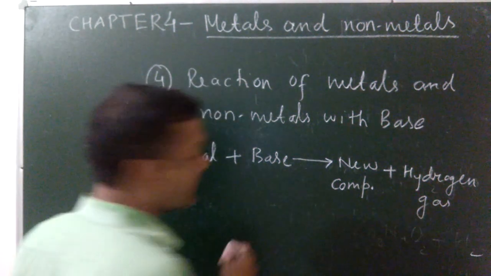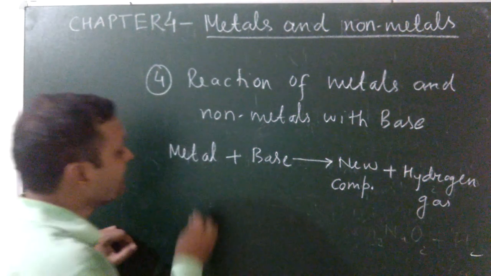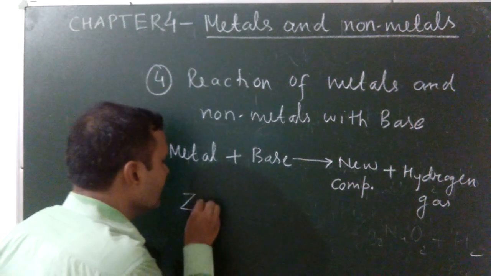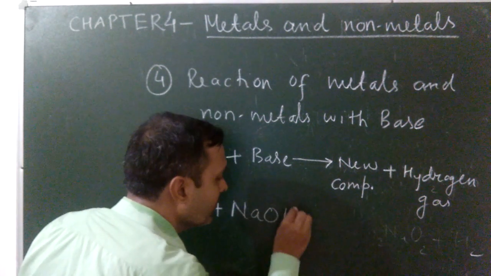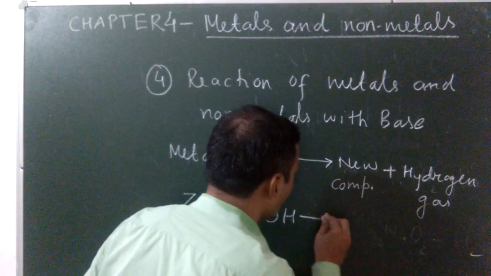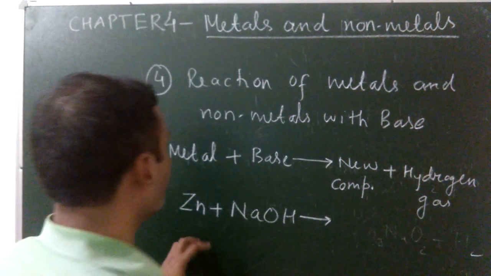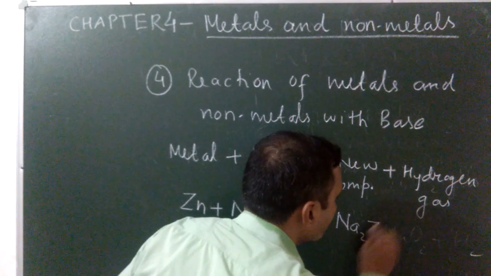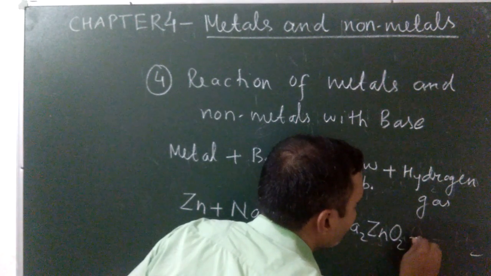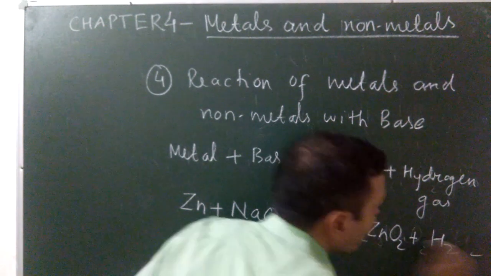First I will take the example of the first metal, zinc. So Zn plus base, sodium hydroxide NaOH, gives a new compound Na2ZnO2 plus releases hydrogen gas.